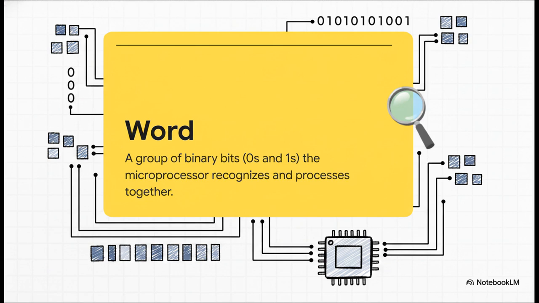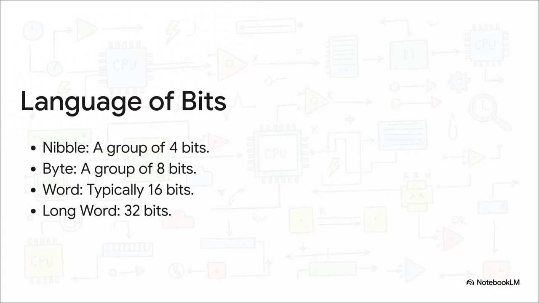The microprocessor actually has a very, very narrow view on life. It processes a specific group of these bits together as a single unit, known as a word. And the size of this word directly determines the chip's overall computing ability. To process huge amounts of information, the processor breaks data down into these bit groupings. A group of 4 bits, that's called a nibble. 8 bits is a byte.